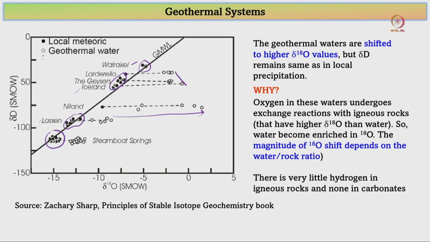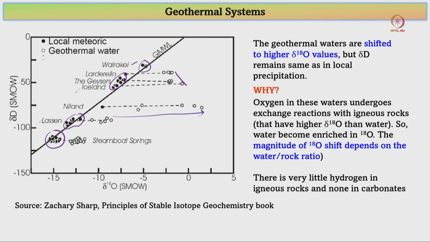So, they will have more 18 oxygen concentration as compared to 16 oxygen. So, when the water is interacting with the rocks, it will exchange its 18 oxygen, and it will become more enriched with 18 oxygen as compared to the meteoric water. Therefore, geothermal water has more positive delta 18O values as compared to the original rainfall from which it is being formed.